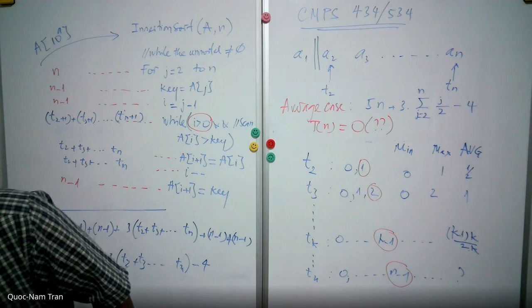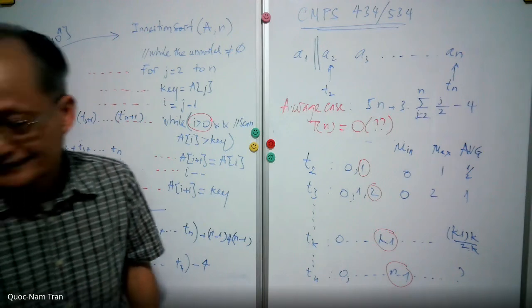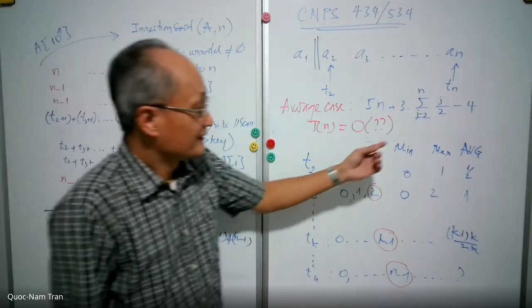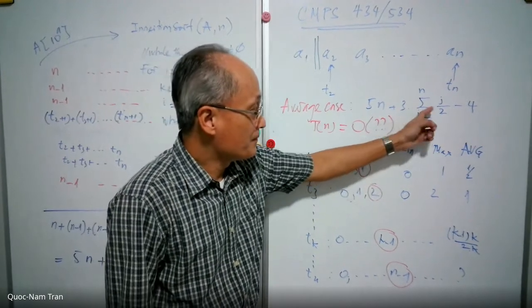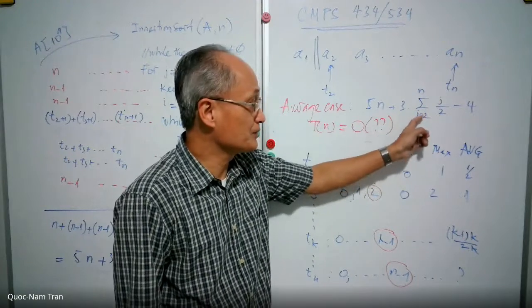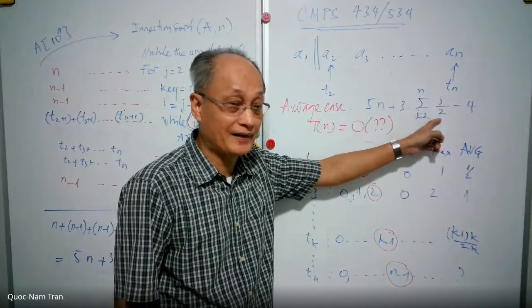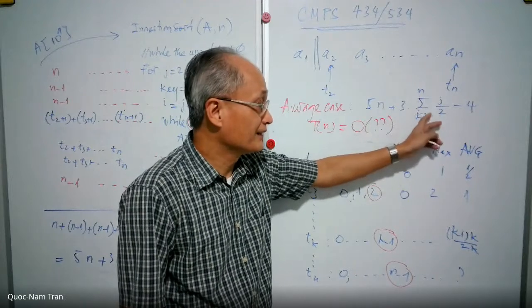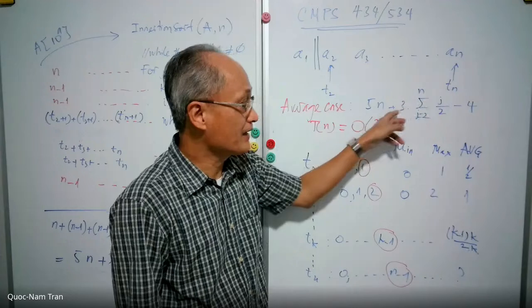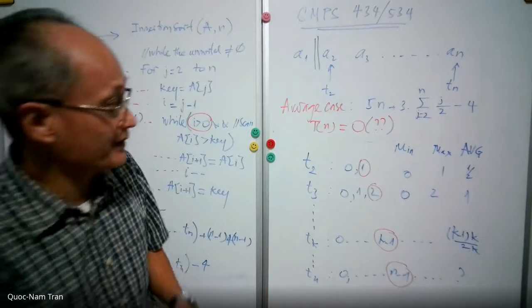Okay, anyone? So you know the sum of j, right? When j is from 2 to n, it is what we did before, but here it's j over 2. How can we do that? We just bring the 1/2 out, and inside we have the j, right?